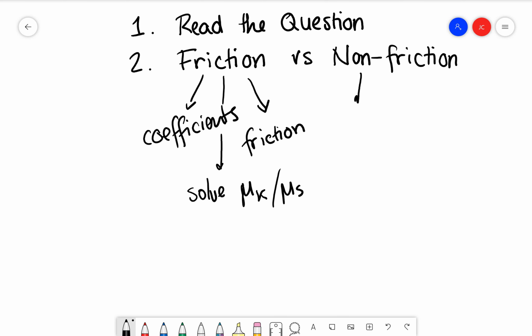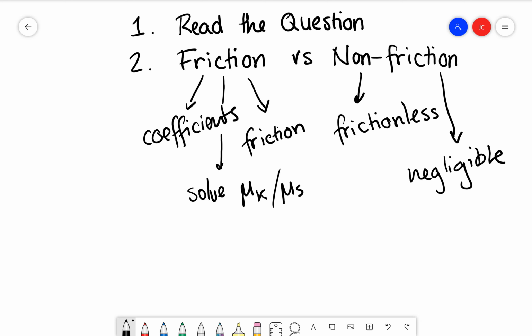If, on the other hand, they explicitly mention words such as frictionless, or they say that friction is negligible, which means that it doesn't factor in, or perhaps in some cases, if they just don't mention friction at all, you know that it's probably a non-friction system.